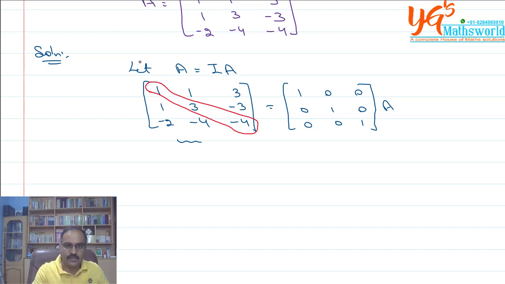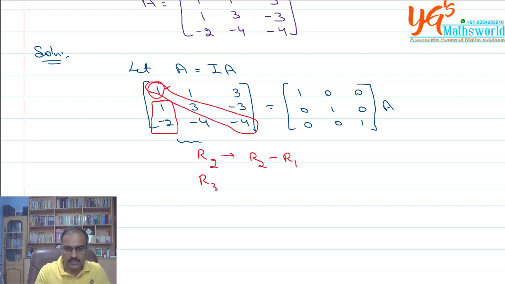And the best way to do this type of question is to first reduce this element to 1. In this given matrix it is already 1, so that is best for us. Okay, so in the very first step we reduce these two elements to 0. So I am operating on R2, that is R2 minus R1, because 1 minus 1 gives 0.